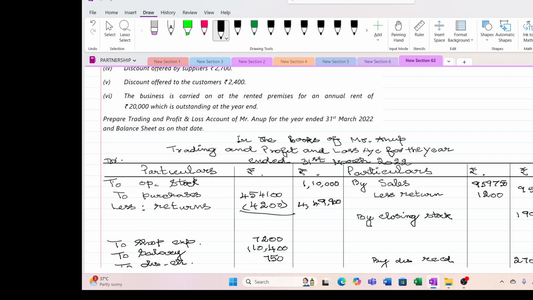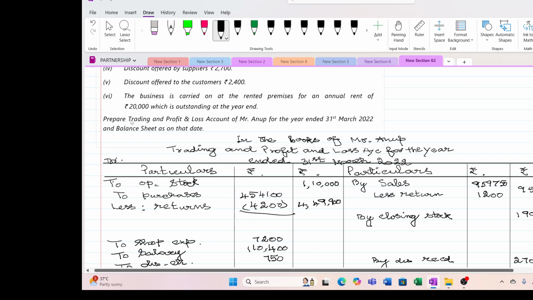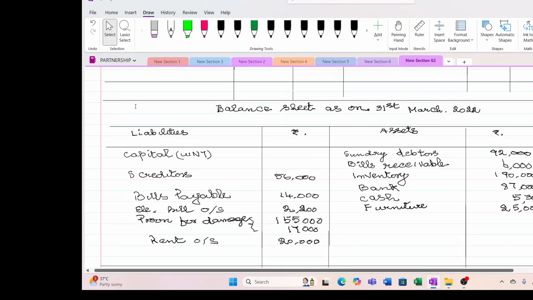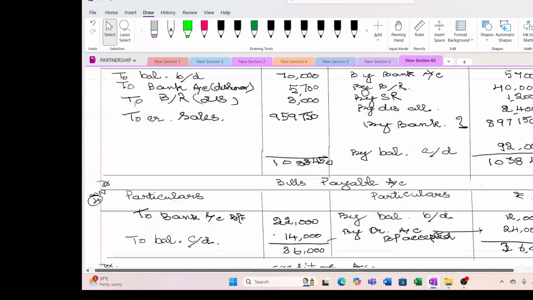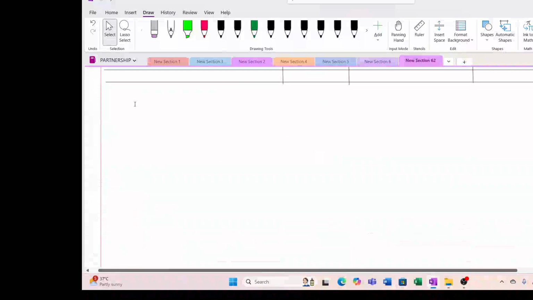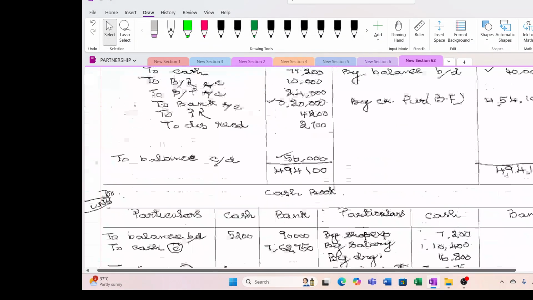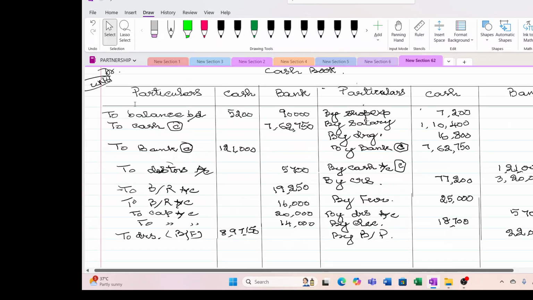Now it is easy only. So we will close the bank account and then come back here, because we have got one entry of the building account.